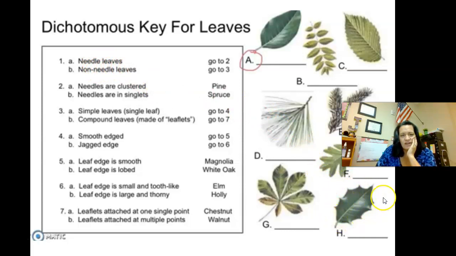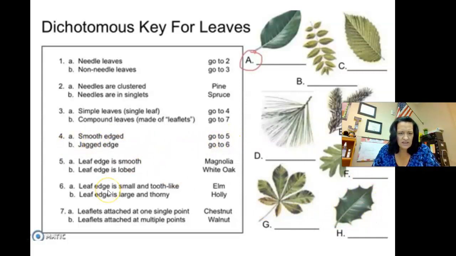No needle leaves. So no needle leaves go to 3. Is it a simple leaf, a single leaf, or a compound leaf made of many different leaflets? This is a single leaf. So we're going to go to 4. Does it have a smooth edge or jagged edge? That's pretty jagged. We're going to call this a jagged edge.